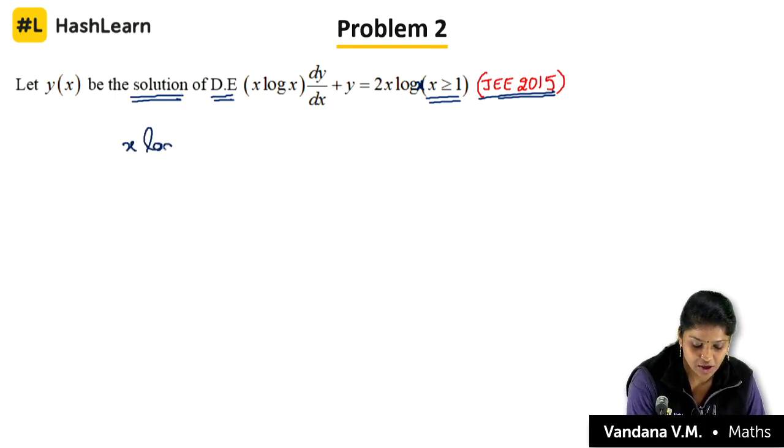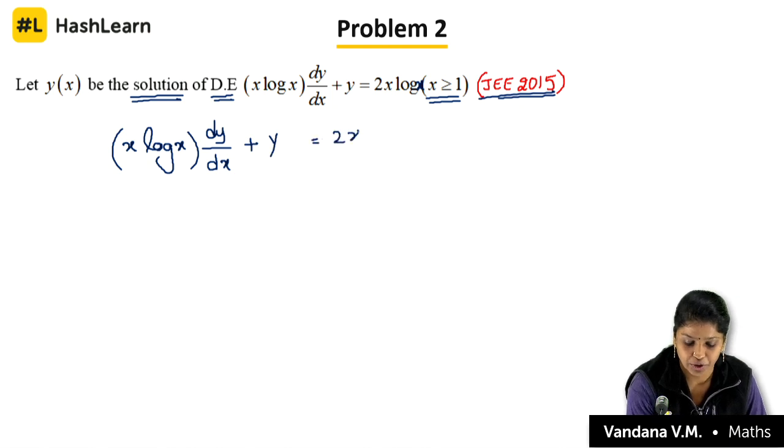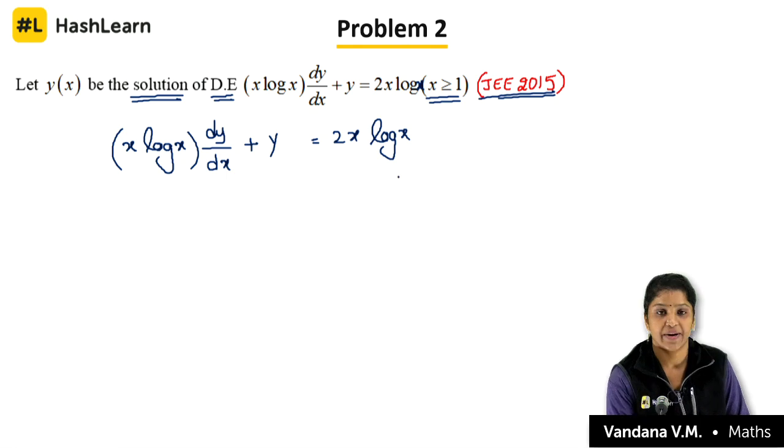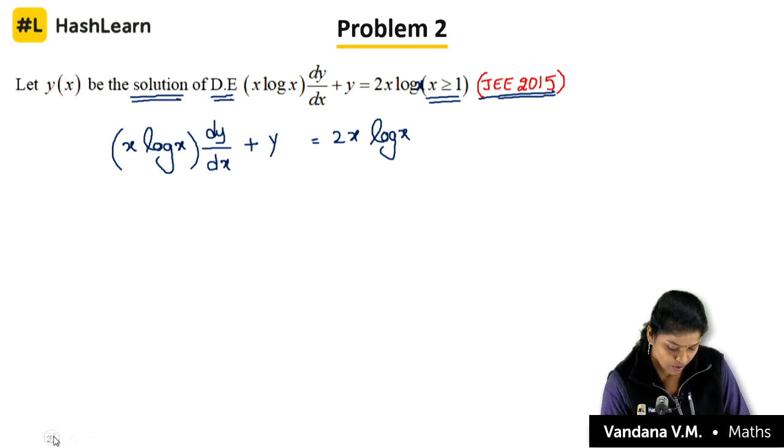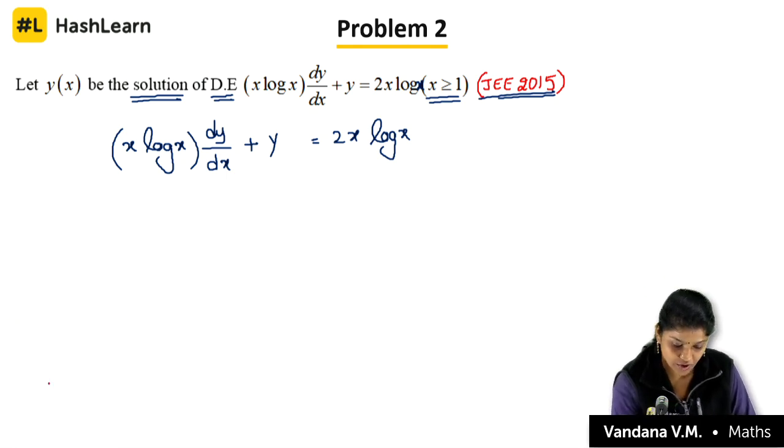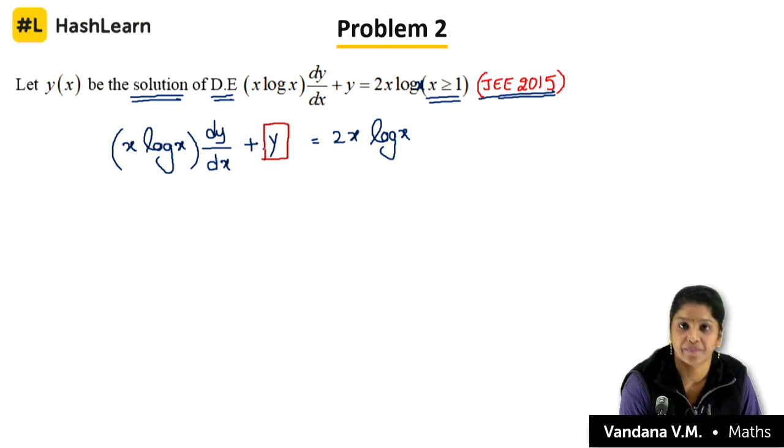Given x log x of dy by dx plus y is equal to 2x log x. See, everywhere while I am writing, I understood only one y is there.